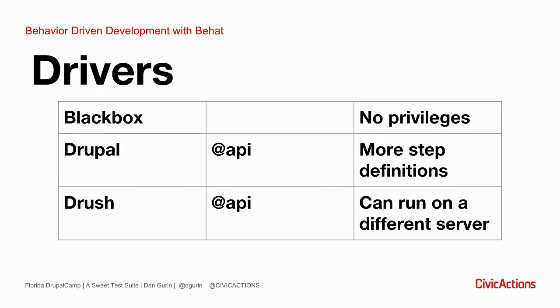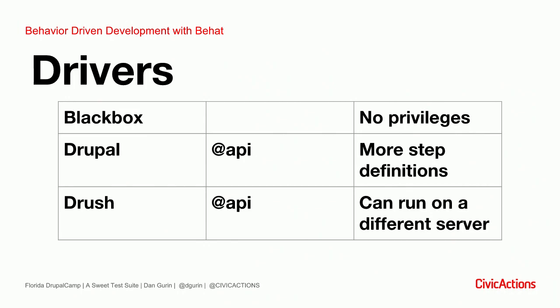So here, the blackbox driver is out of the box. There are no privileges. If you don't put a tag above your scenario, you'll get blackbox by default. And if you don't require authentication, that would be good to use.